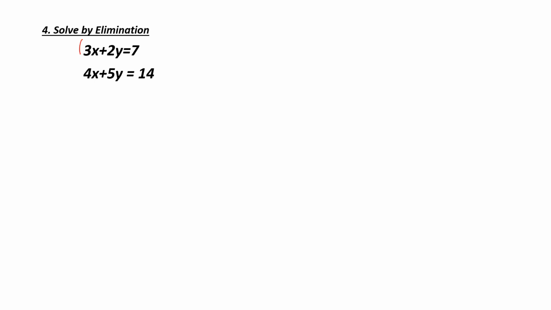I'm going to multiply my first equation by 4 to get 12. So 3x times 4 is 12x. 2y times 4 is plus 8y. And 7 times 4 is 28.